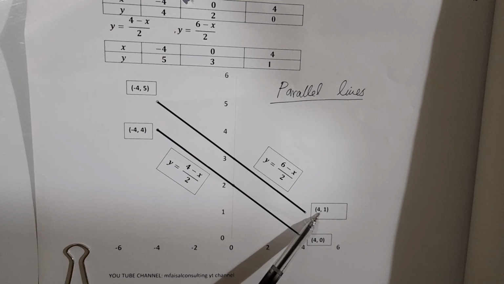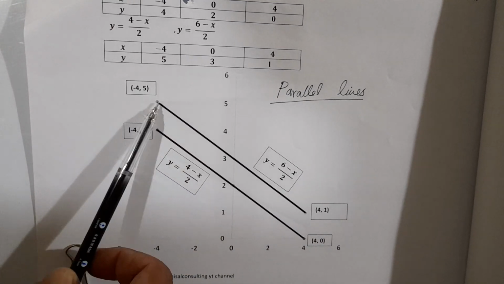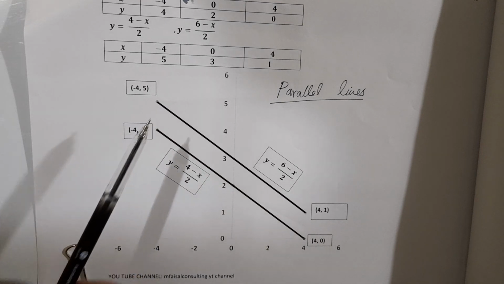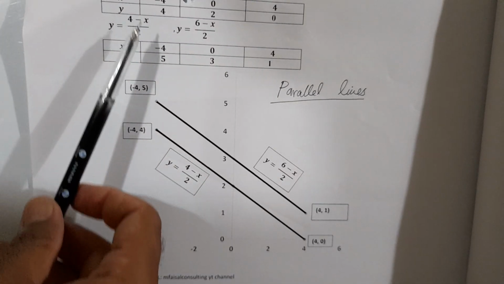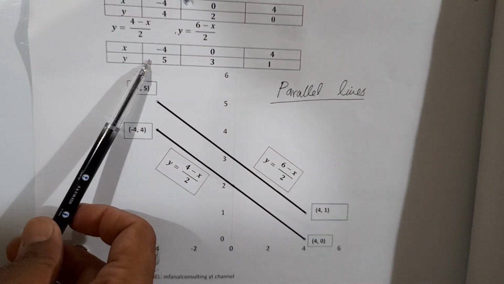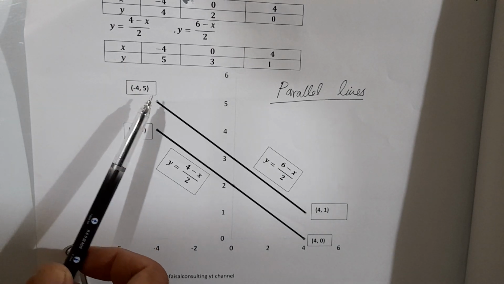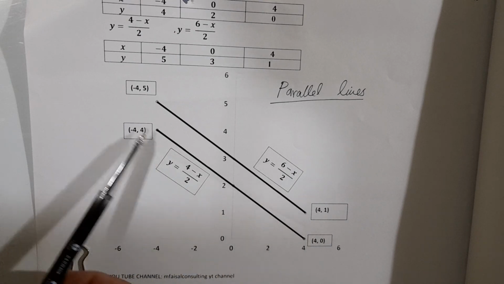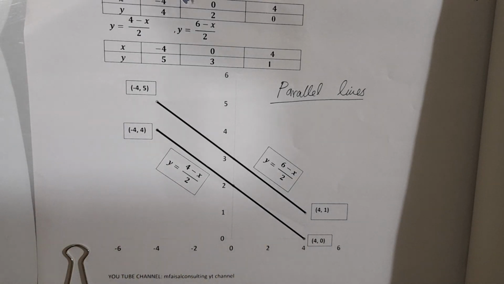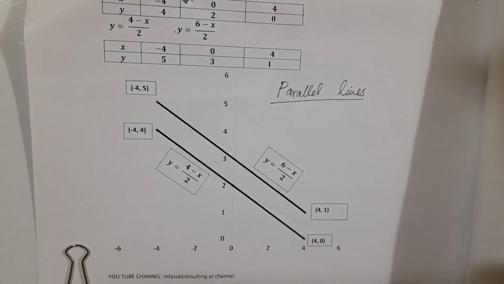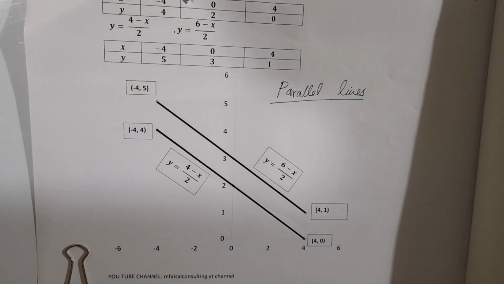This is the final point of this equation, and this is the final point of this equation. So both these lines are parallel. So the tables have different values of x and y, and both lines don't coincide, but they run parallel. So with this, we have come to the end of exercise 1D, question number 4.